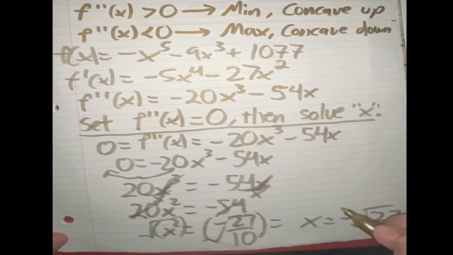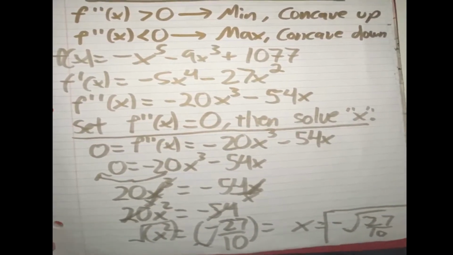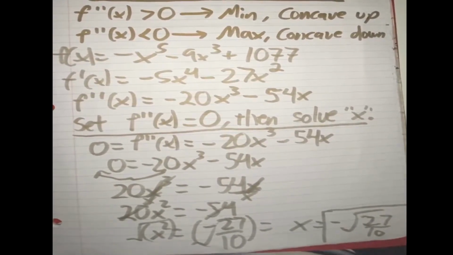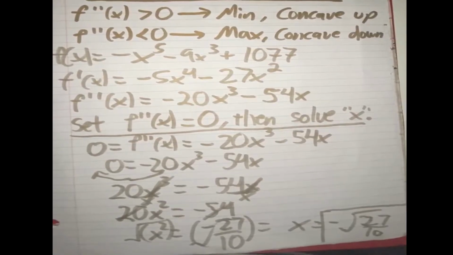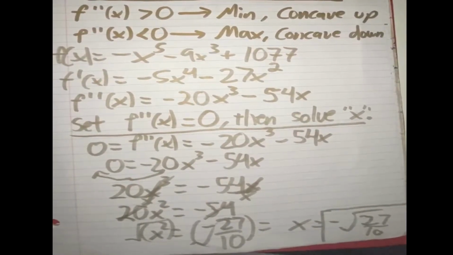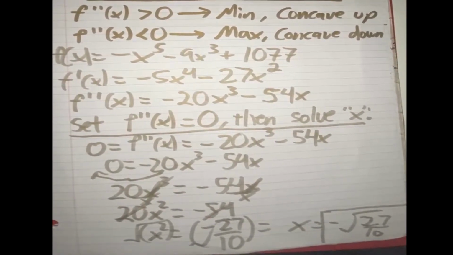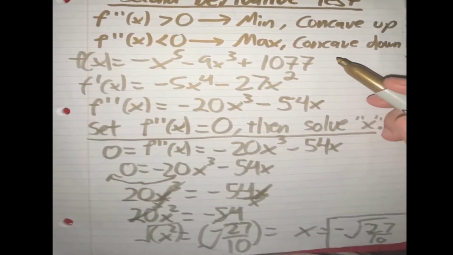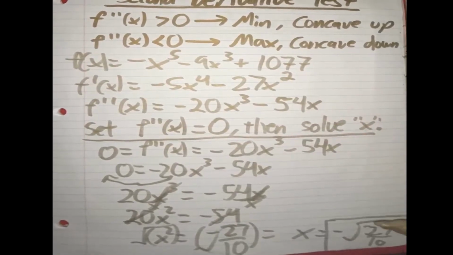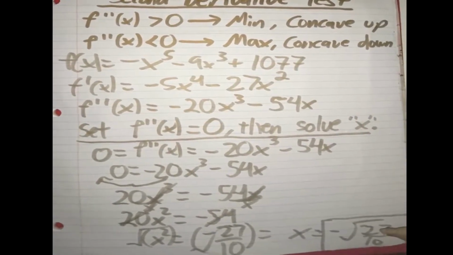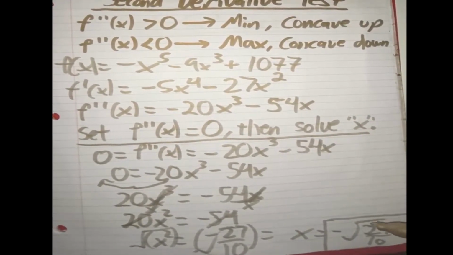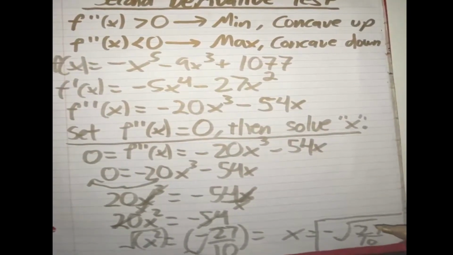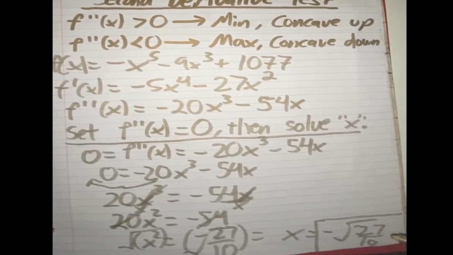And since our x comes out to be less than 0, we have a function that is a max. So just looking at these conditions up here, since our x is equal to a number that is less than 0, we have a max.